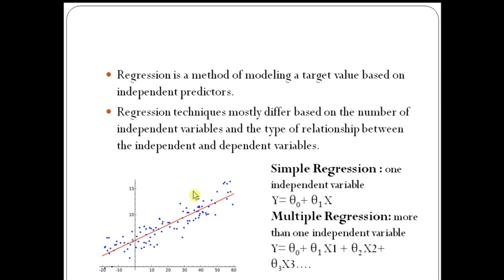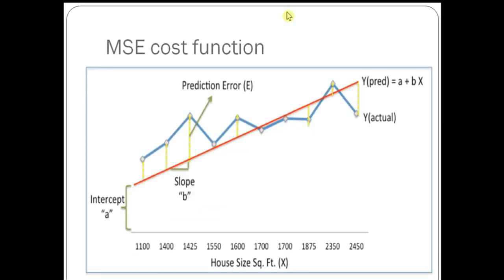The objective of the cost function is to minimize the error between the predicted value and the actual value. So what is the minimum cost function? It is calculating the predicted value and the actual value. This is the predicted value and this is the actual value, and this error is known as the prediction error.